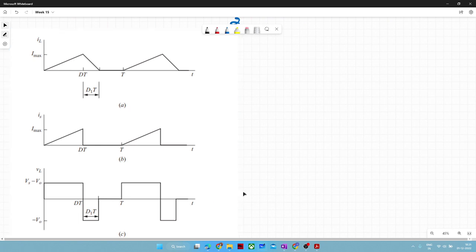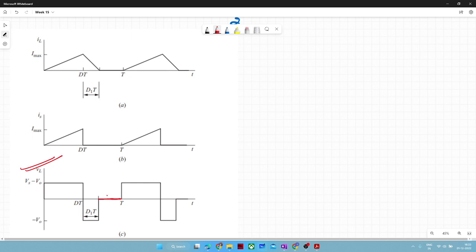There are one or two differences you can easily identify. First difference is your voltage waveform. First, you focus on this voltage waveform. This is getting zero for some period, okay?